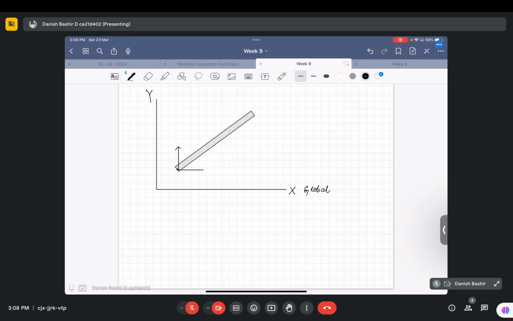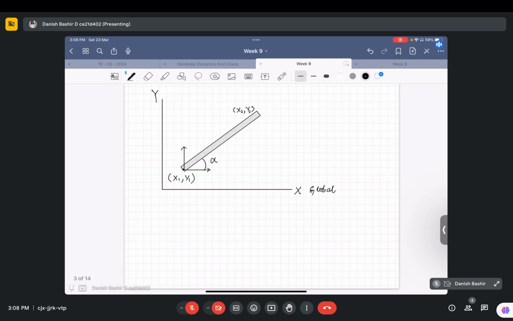It is having an inclination alpha with capital X. These are its global coordinates: capital X1, capital Y1, and here again capital X2, capital Y2. Its local axis is inclined like this, along its axis.